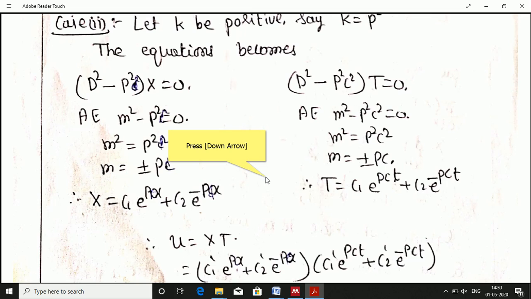Once again the roots are real and distinct. So the solution for capital T is T = c1 e^(pct) + c2 e^(-pct).